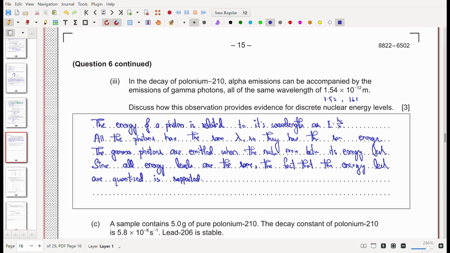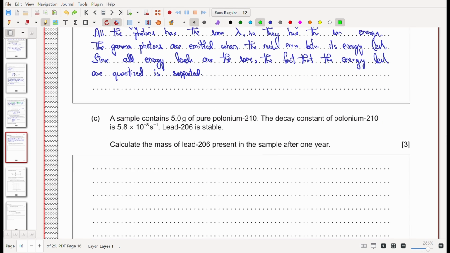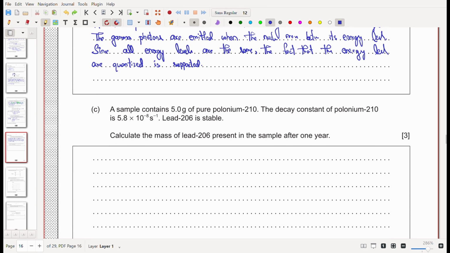But because they're quantized, we can with sufficient confidence say that the energy of the emitted photon is going to be constant. And that's what we have. And that's it, guys.